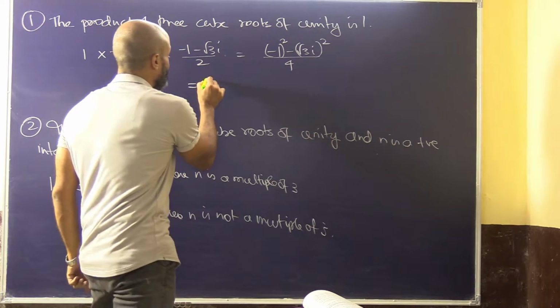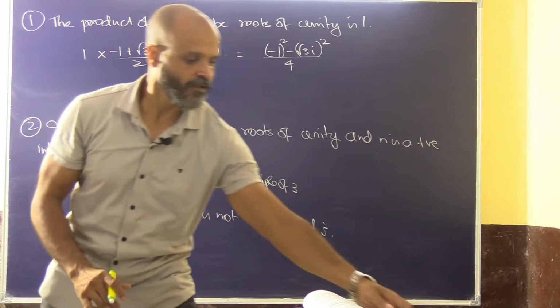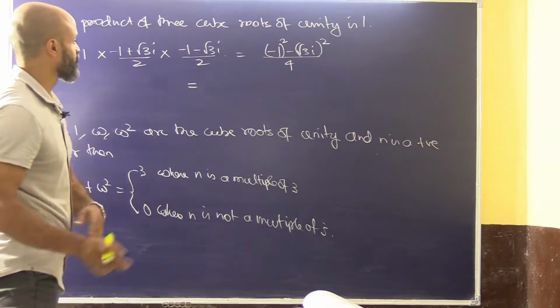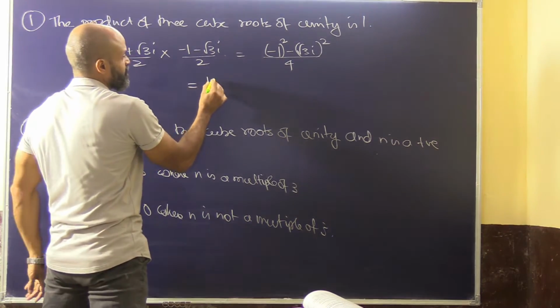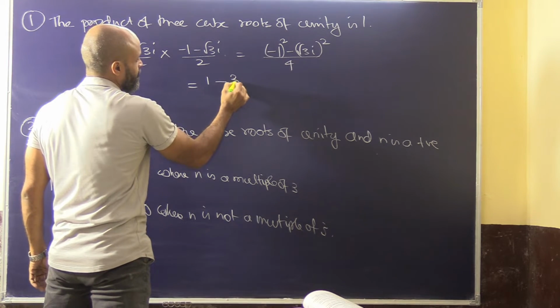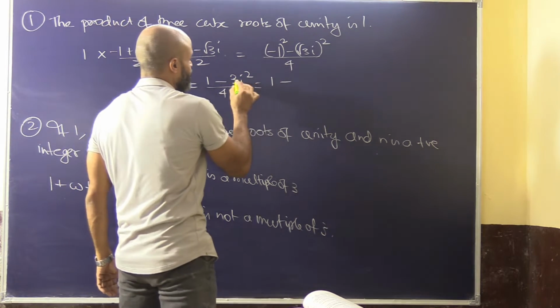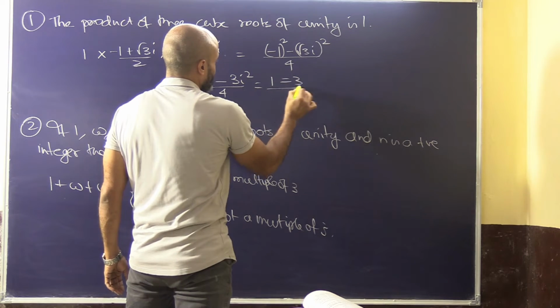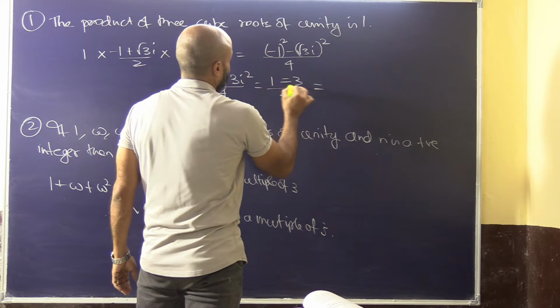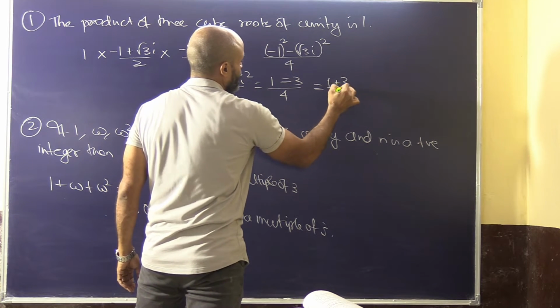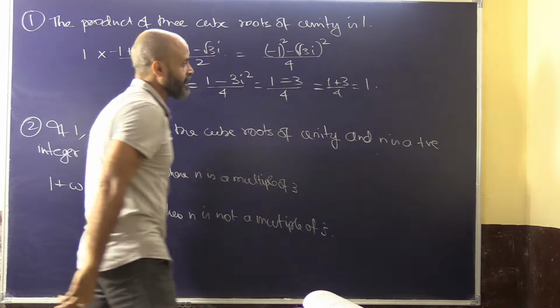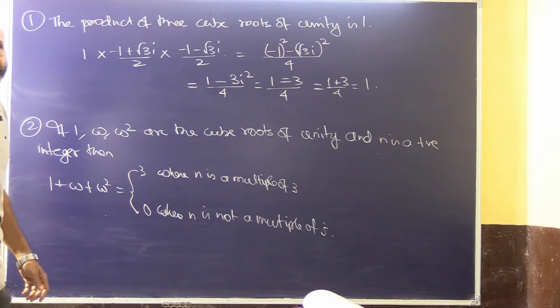So this is going to give us minus 1 square, that is 1, minus 3i square, by 4. So that's going to be 1 minus 3 by 4 with i square, which is 1 plus 3 by 4, that is 1. Okay, so the product of 3 cube roots of unity is 1.